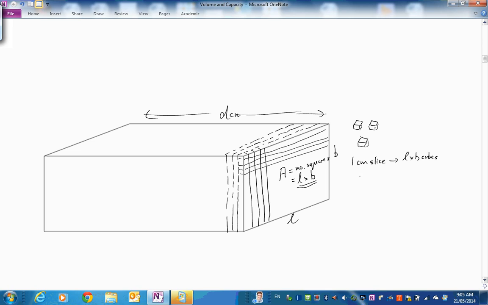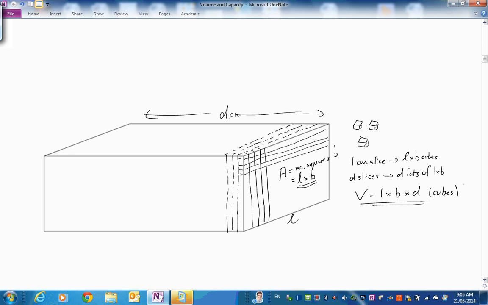So if we keep doing it, D slices would give D lots of length times breadth. Oh, I think we've just found the formula. The volume is length times breadth times depth. That's the total number of cubes that we'll be able to slice off of that.